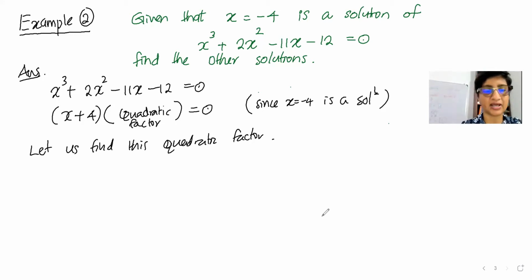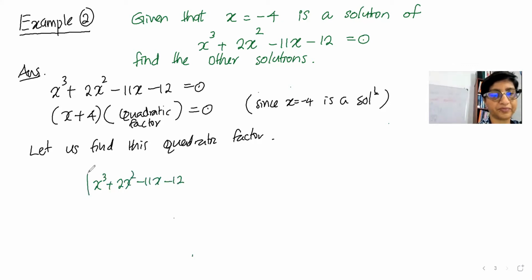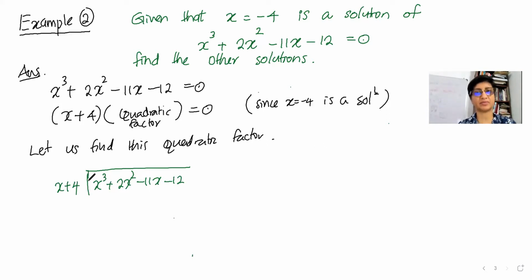I am just doing this thinking that you can remember everything that we've done in the past. I expect something in the form ax squared plus bx plus c, the quadratic. Let's divide this. I only look at this, and I get x squared here.